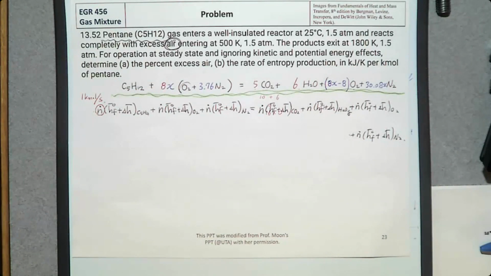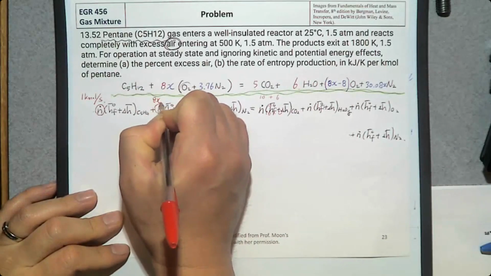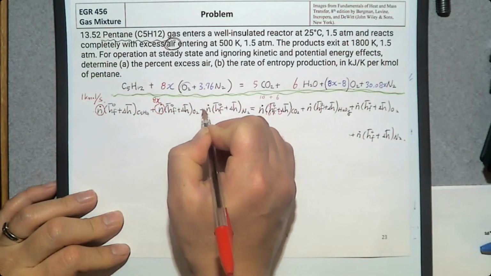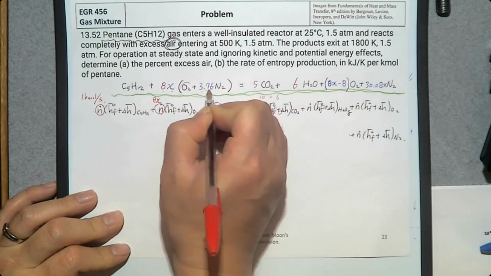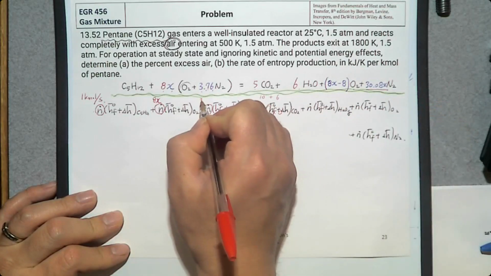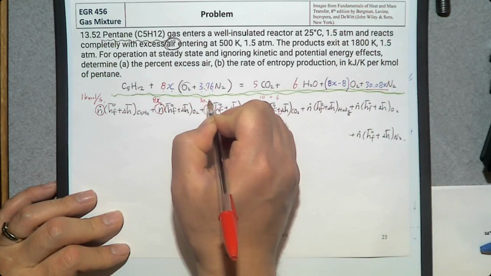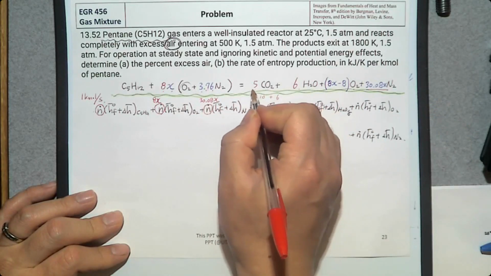Then what is N dot for oxygen? 8 times X. What is N dot for nitrogen? 8 times X times 3.76, which is 30.08X. N dot for carbon dioxide, 5.